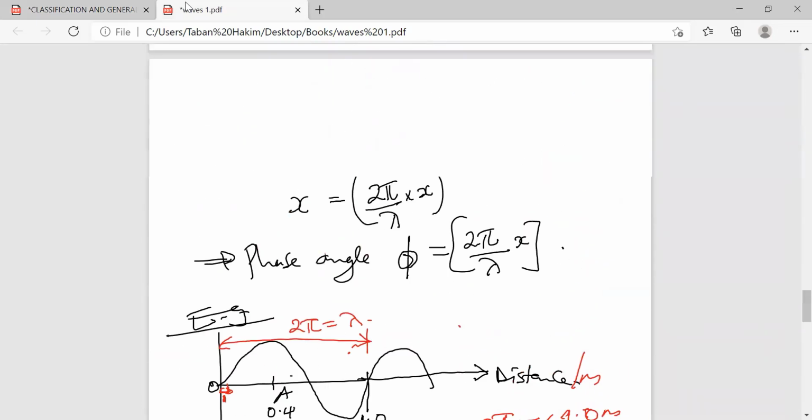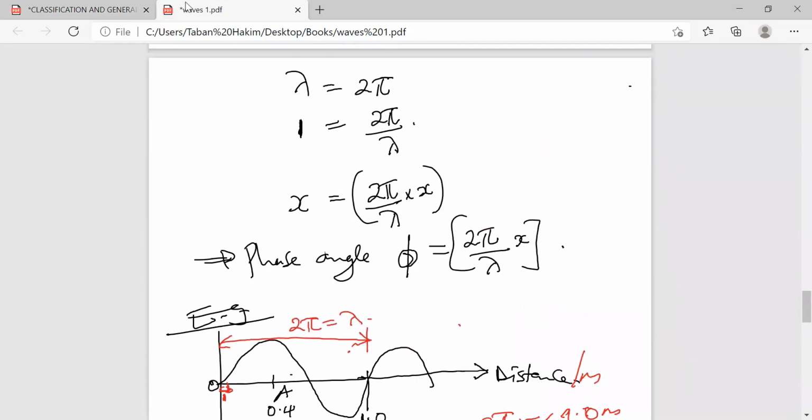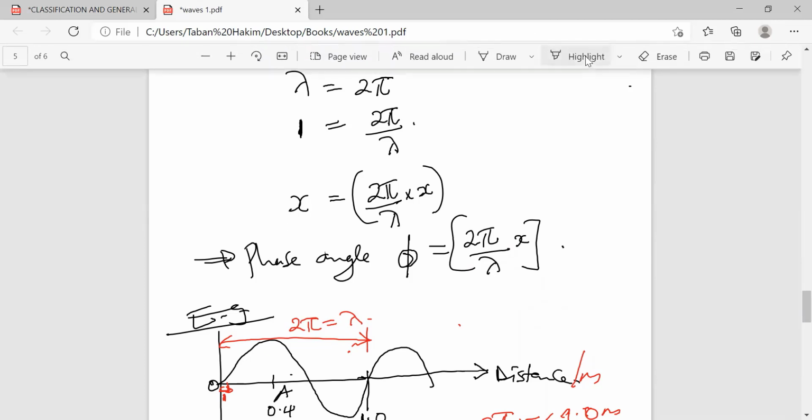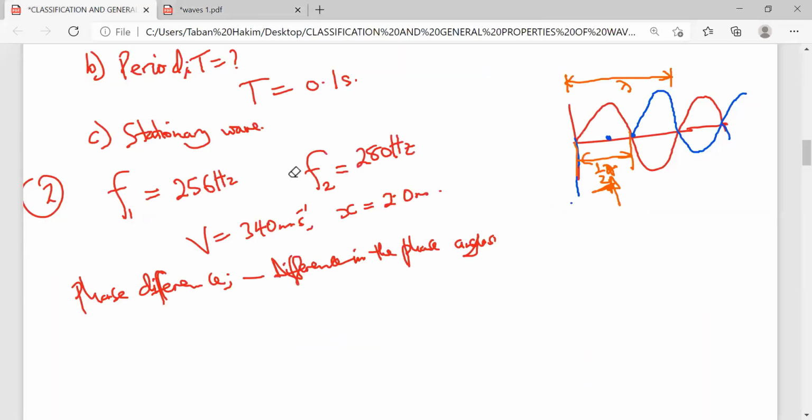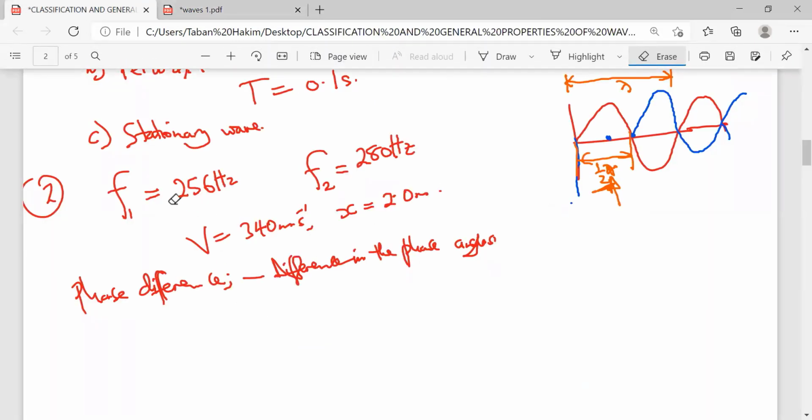The phase angle is given by this expression, 2 pi over lambda times x. We can use the same for the two waves here.